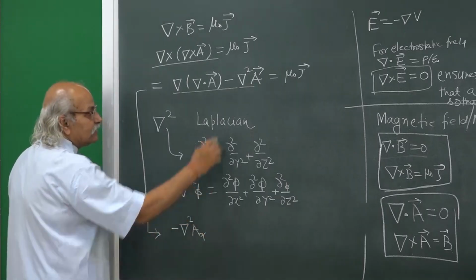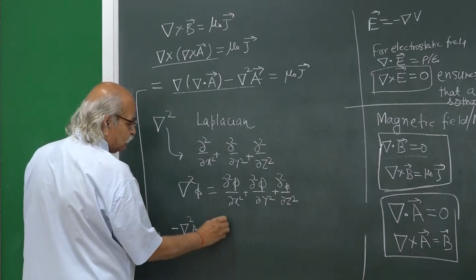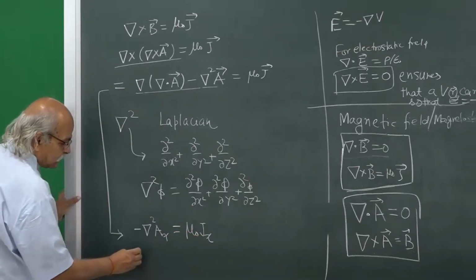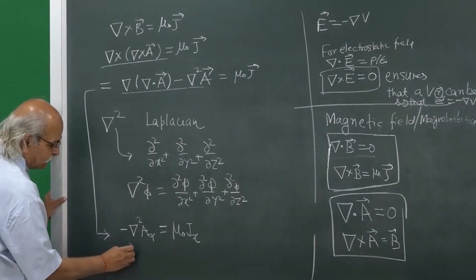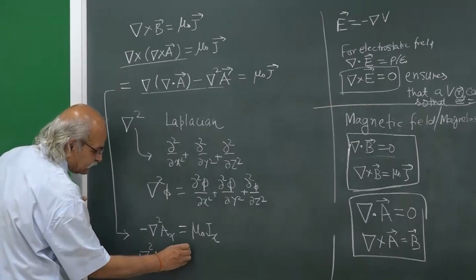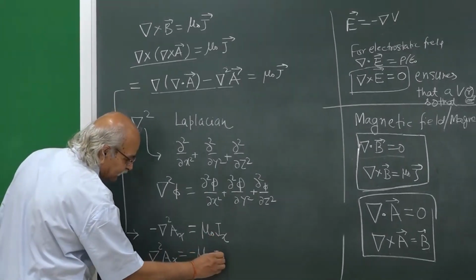We are writing only the x component. So, this is equal to mu naught times J x. Okay. So, del square of A x is equal to minus mu naught times J of x.